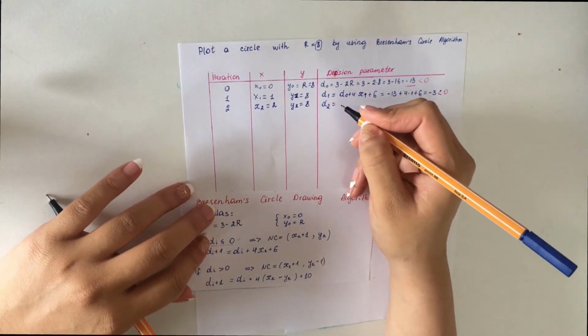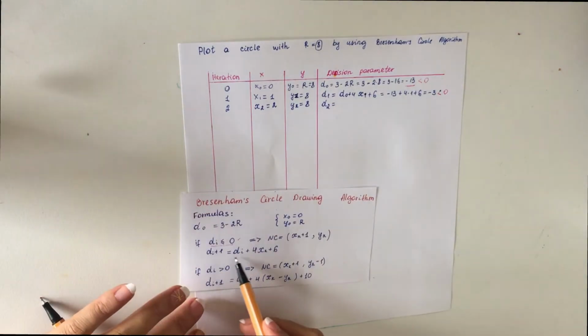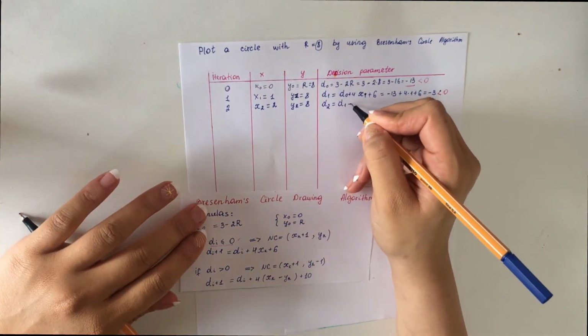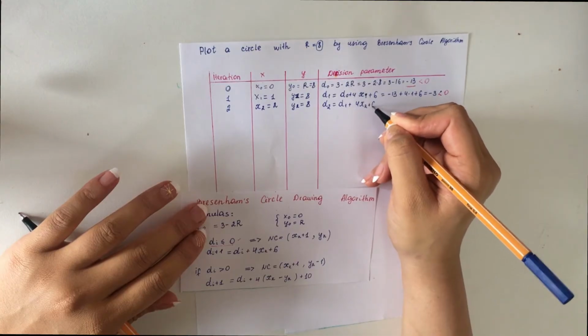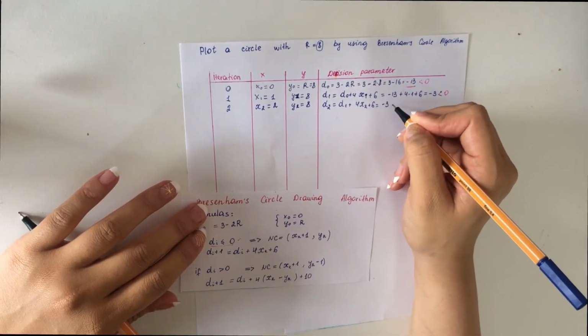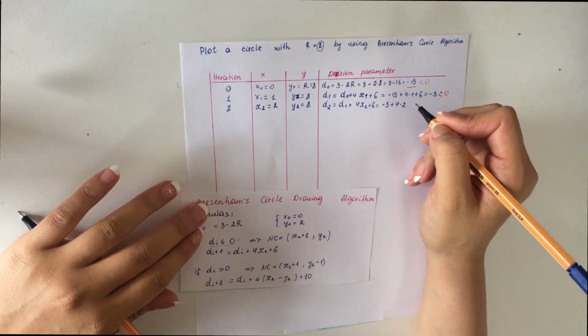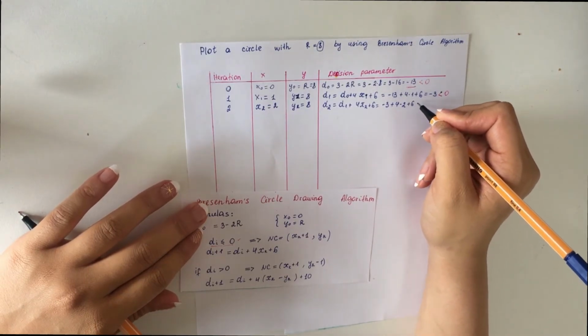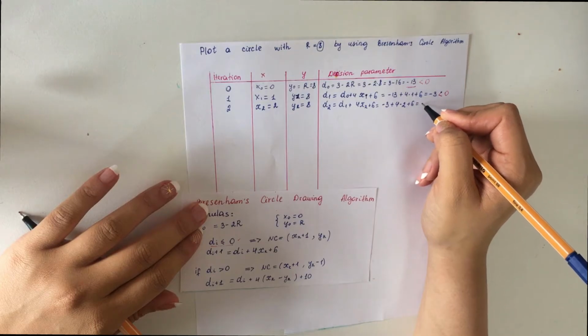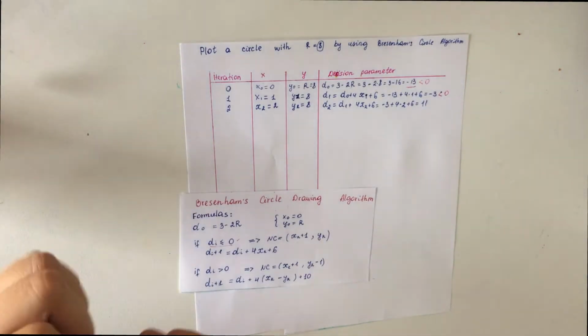Let's continue to calculate the second decision parameter. The formula will be the same because the previous value of the decision parameter was also less than 0. So d2 equals d1 plus 4x2 plus 6, which equals minus 3 plus 4 times 2 plus 6, and that equals 11.